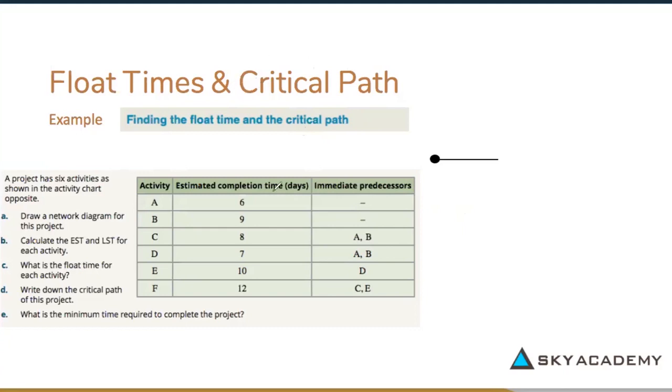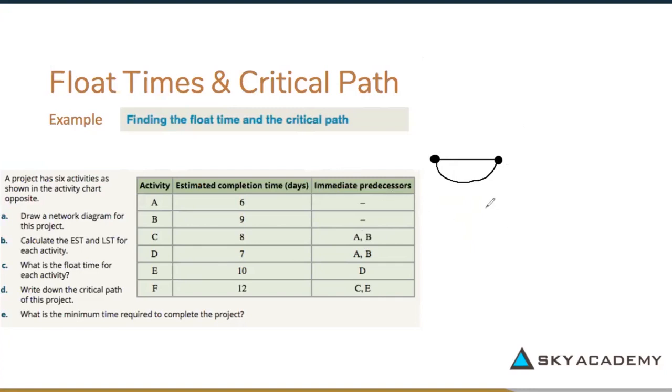And I can see here that C and D both have immediate predecessors of A and B. So instead of drawing my B line out here like this and then doing a dummy up here for C and D to come out of, which you could do, I'm just going to go ahead and just draw a line like this to indicate my B. And I'm going to put my next node in there and then label your edges so you know which one is which. So that's what I'm going to do now.